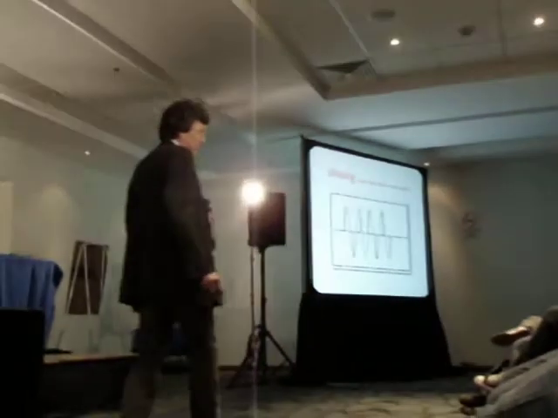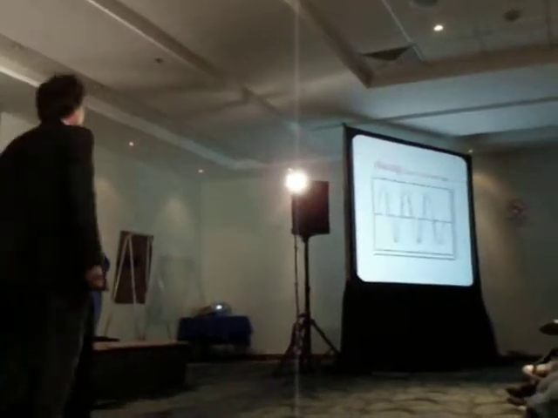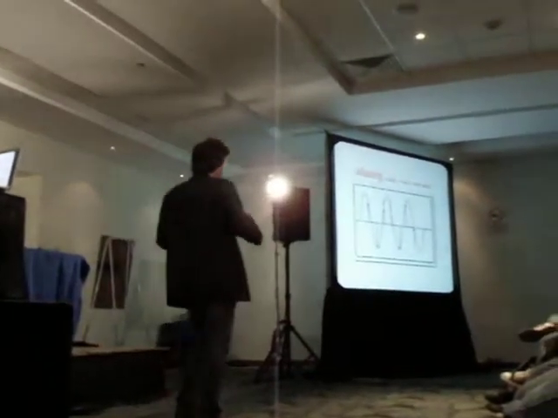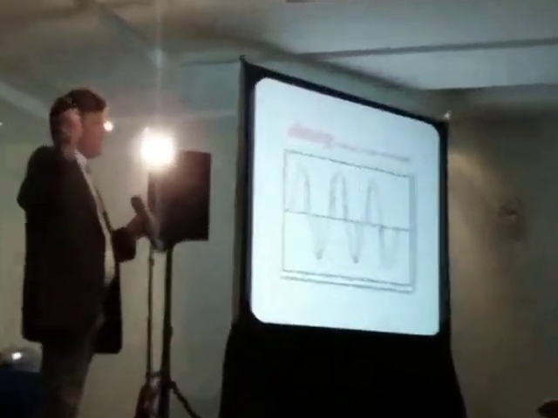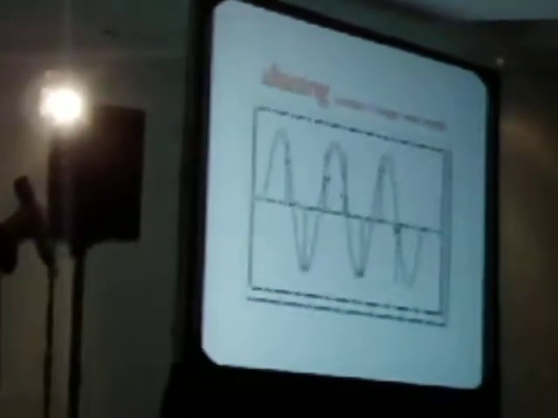See that? So we're still sampling it, but we're not sampling it twice. We're sampling it less than twice. And when you play that back, it starts out as a frequency higher than our Nyquist frequency.